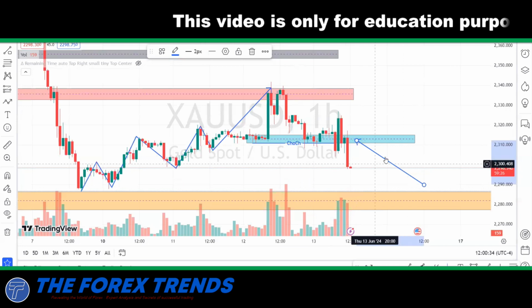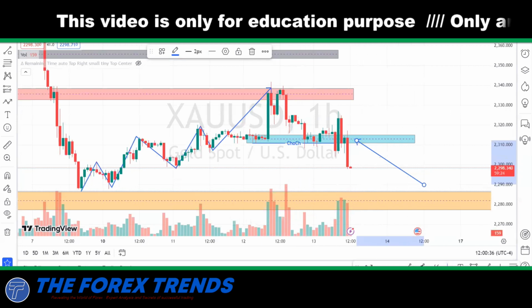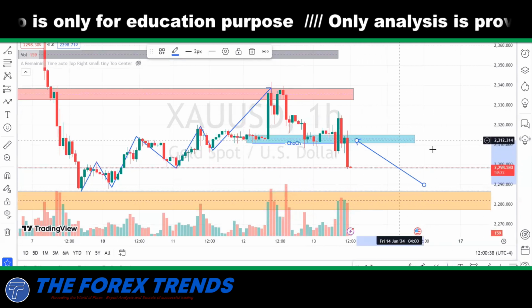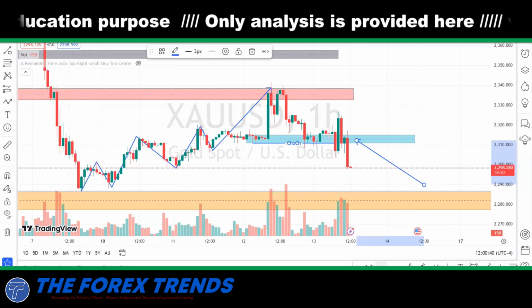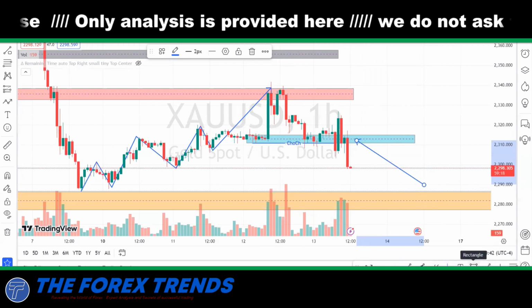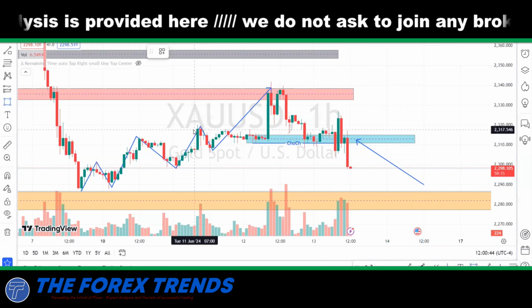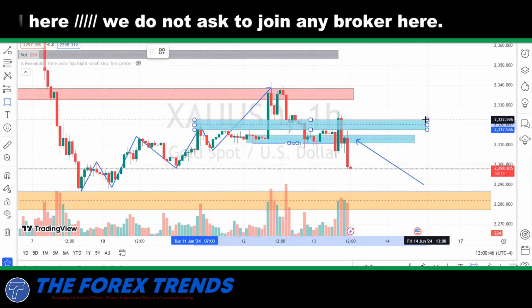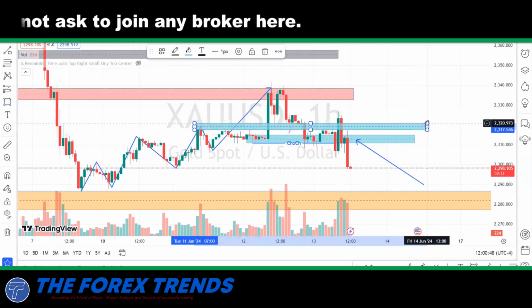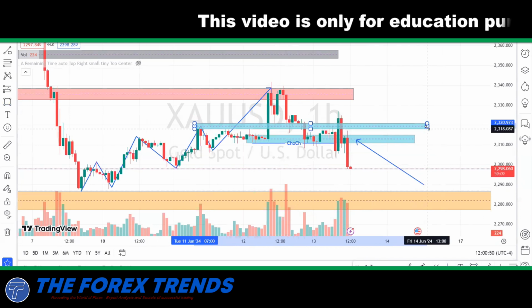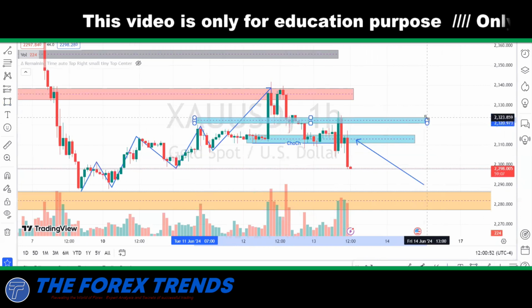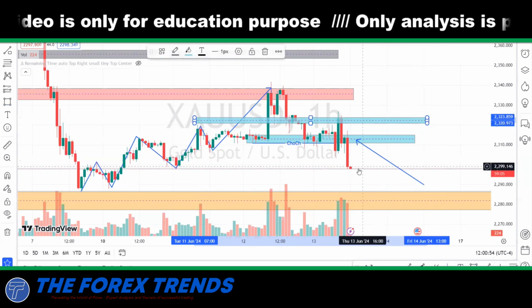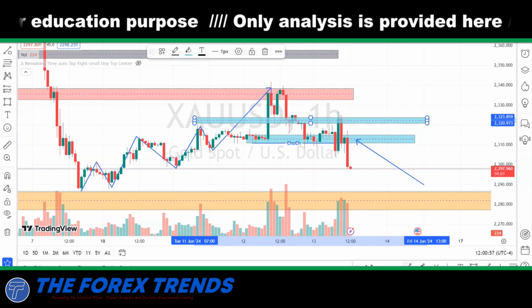Okay, mind this setup. If this resistance is unable to hold the price and it breaks, then we have the next level, that is here. In this situation, this is a good resistance at the Quasimodo level.